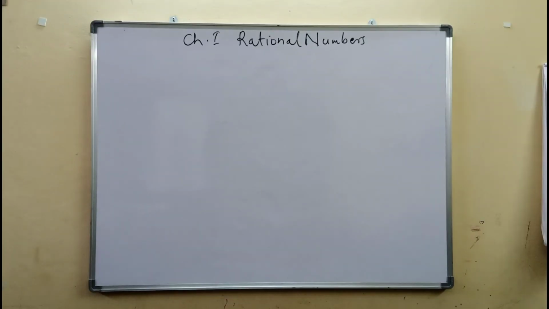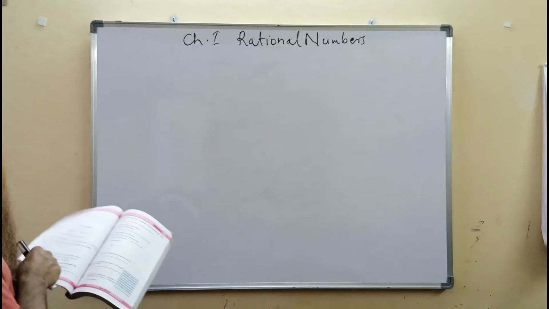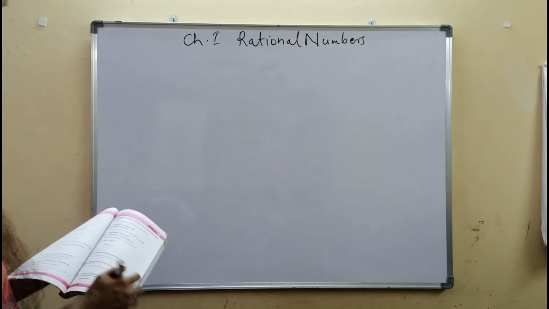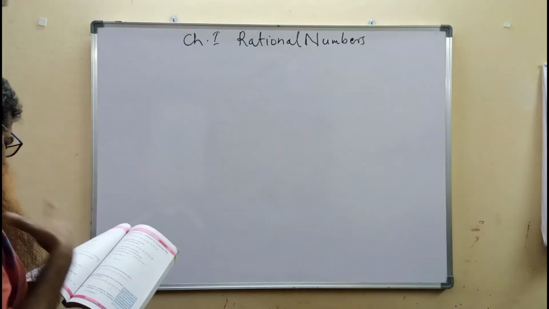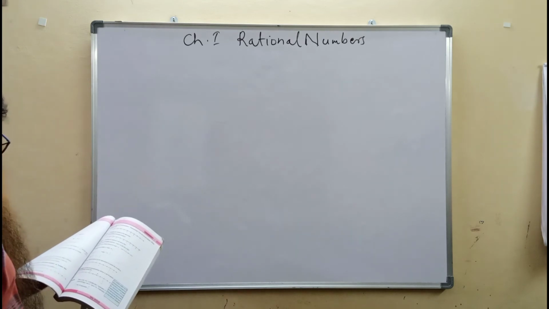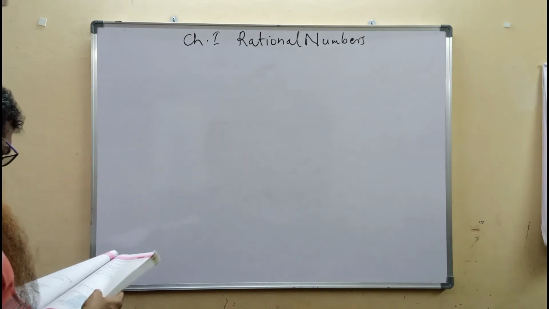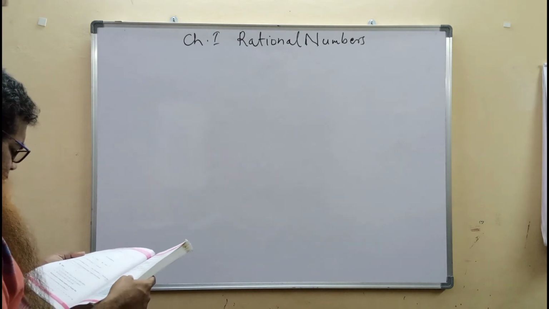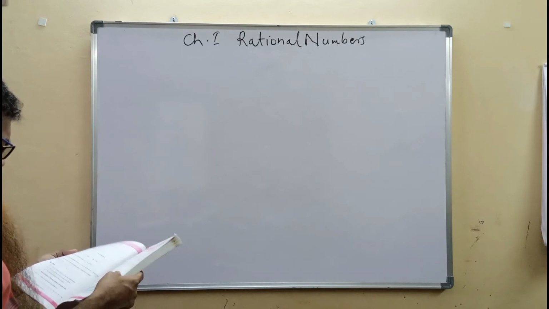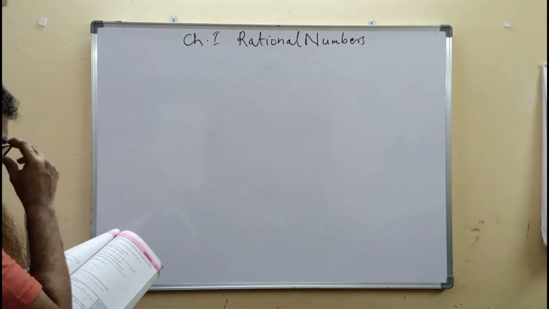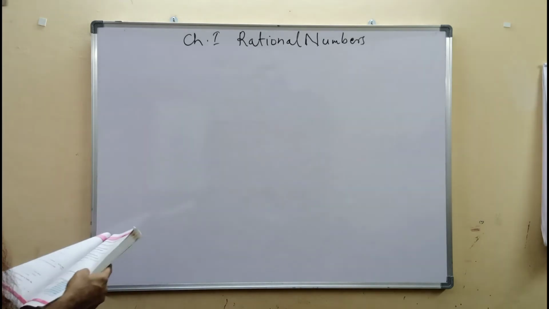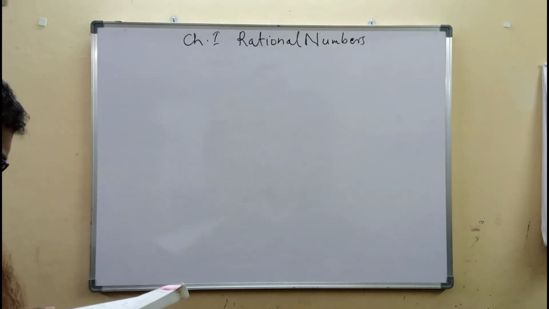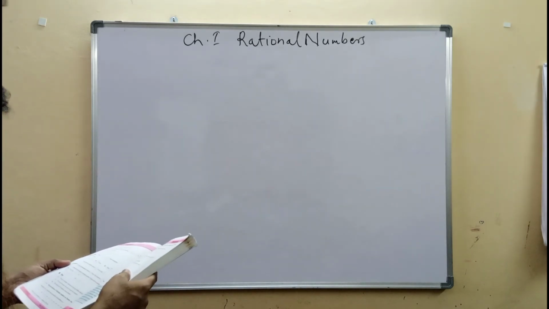Children, that concludes our exercise 1.1, chapter 1, rational numbers. Just below the exercise 1.1, there are some statements. It is asking us to write in the first bit the set of numbers which do not have any additive identity.